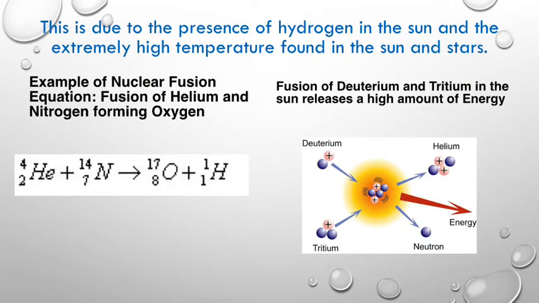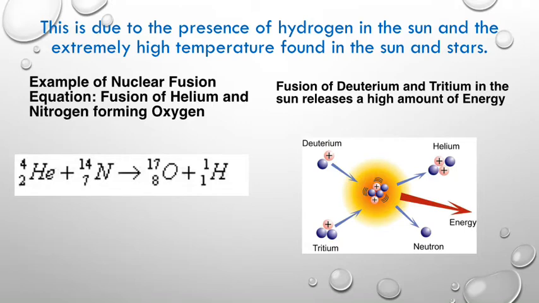Here we have an example, an equation of what nuclear fusion looks like. Helium plus nitrogen forming oxygen and then releasing an isotope of hydrogen.